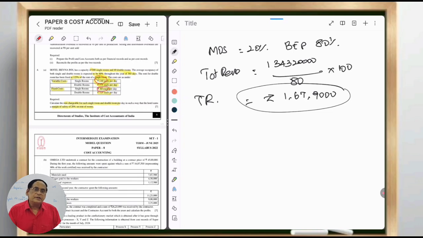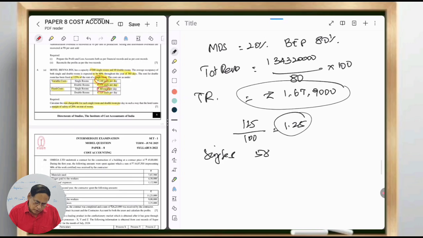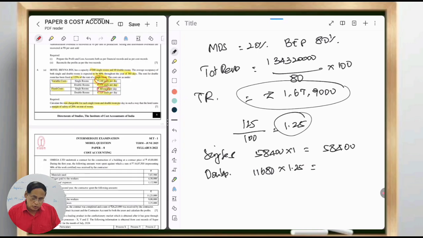So let's prepare the notional single rooms. Notional single room means for double room it is charged 125% of what is charged for single room. That is 125%, that means 1.25 times of single room. So total single rooms, that is 58,400. If it is 1, then the notional is 58,400. Double room 11,680 must be multiplied by 1.25, to make it equal to single room.